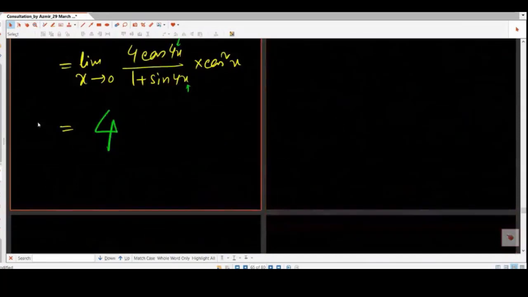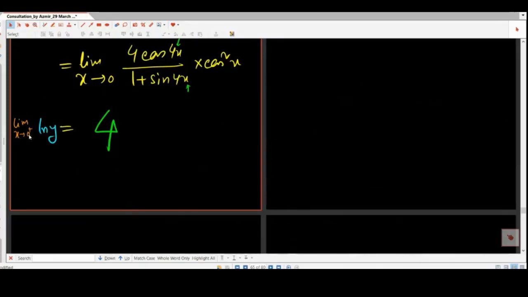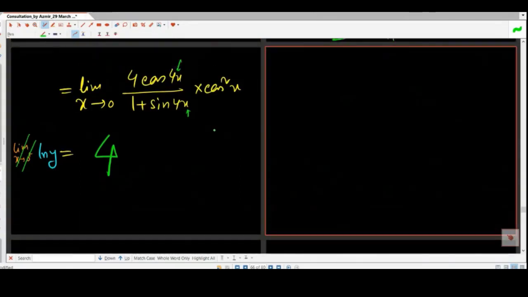So here we have the limit of natural log of y when x is approaching 0. We can also skip this limiting concept. Our target is to find y only. So see how we can find it. So we have natural log of y equal to 4.